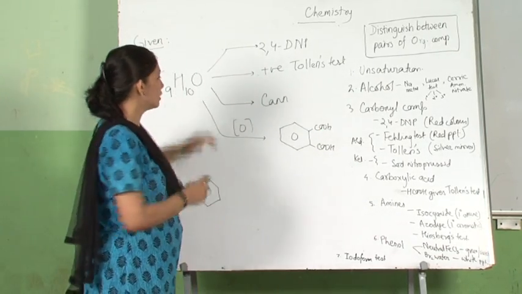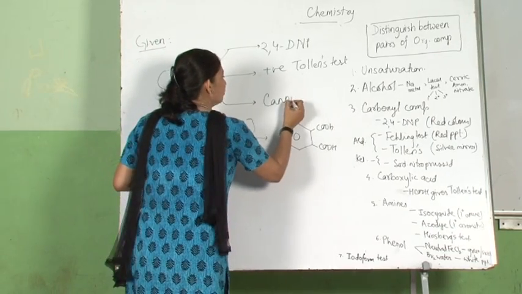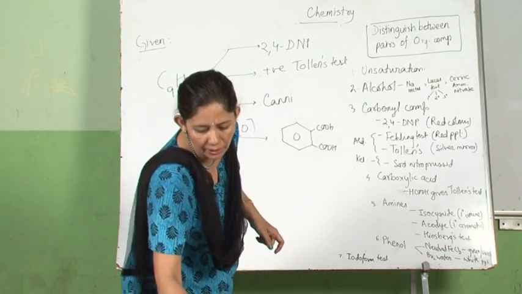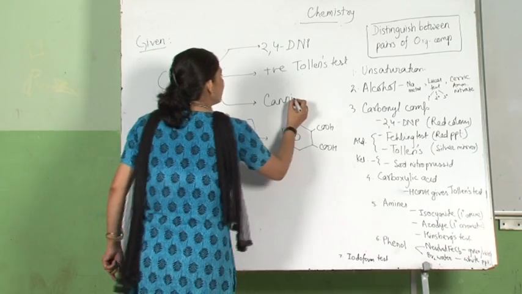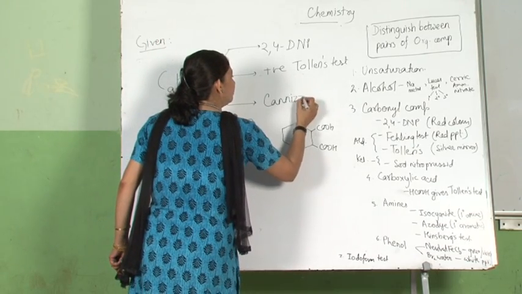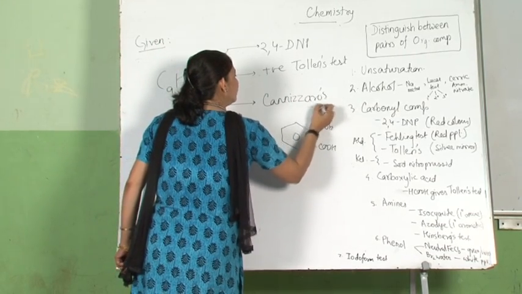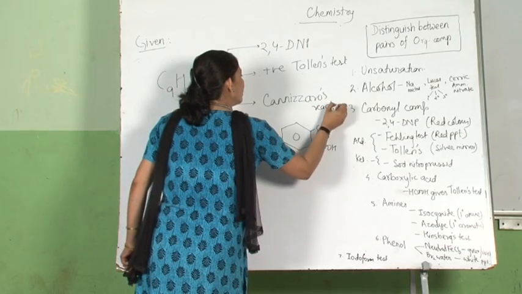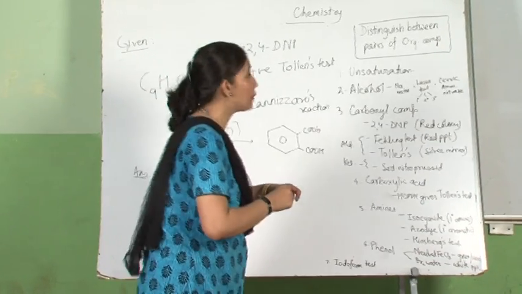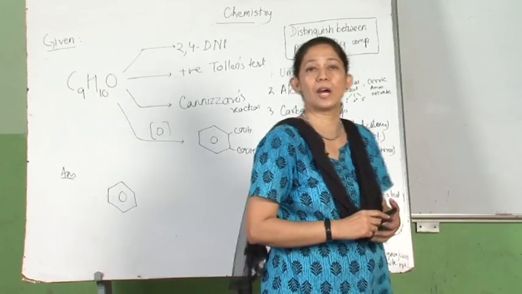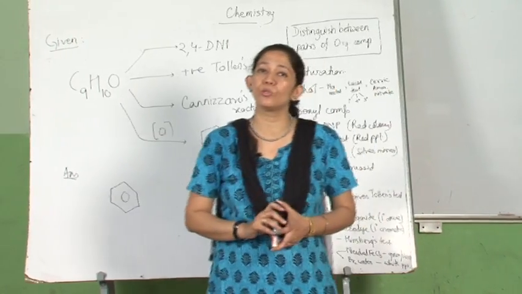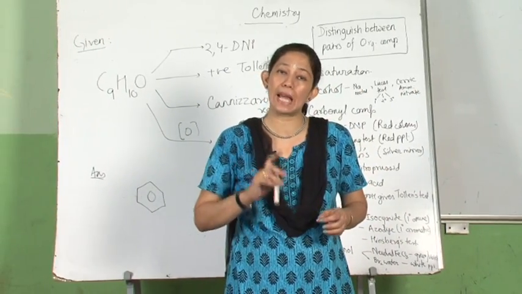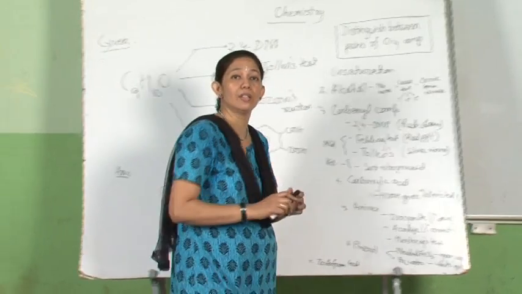Next part is what? This is giving the Cannizzaro reaction. I have taught in the third part that Cannizzaro reaction is given only by an aldehyde which does not contain alpha hydrogen.